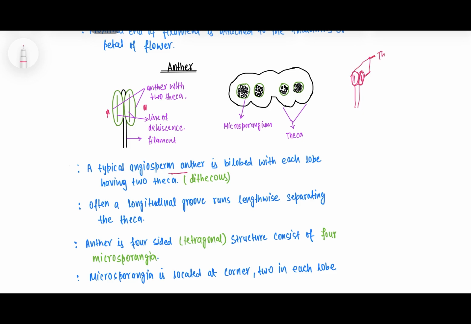A longitudinal groove runs lengthwise separating the theca. This is called the line of dehiscence. Here it is, line of dehiscence.